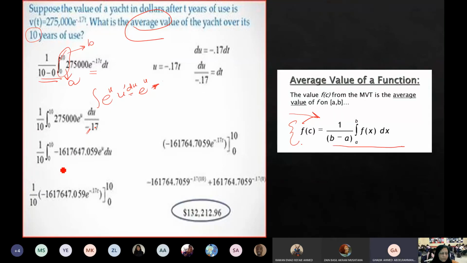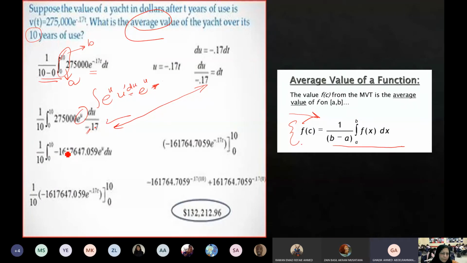Now our third step is 1 upon 10, integral from 0 to 10 of 275,000 e to the power of u, du divided by negative 1.7, because we just took dt as the subject earlier.